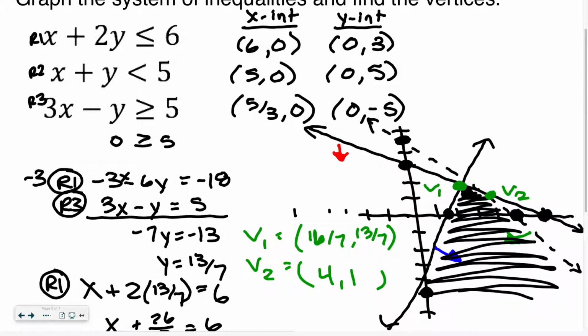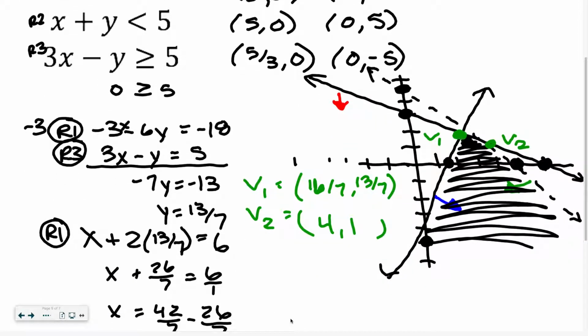And then this line right here, which was the first equation, row 1, is 4 plus 2 times 1 equal to 6. Yeah, okay, so that one worked in both equations. So that's actually the vertex. If you weren't sure, you could solve the system for row 1 and row 2. I'm going to try to avoid that if I can. Okay, what questions do you have for me?